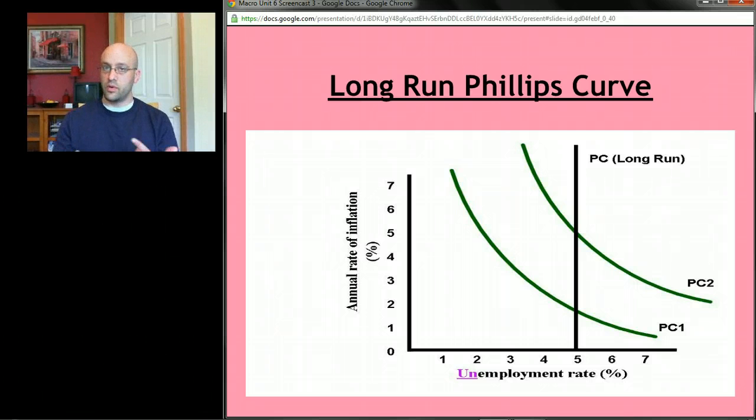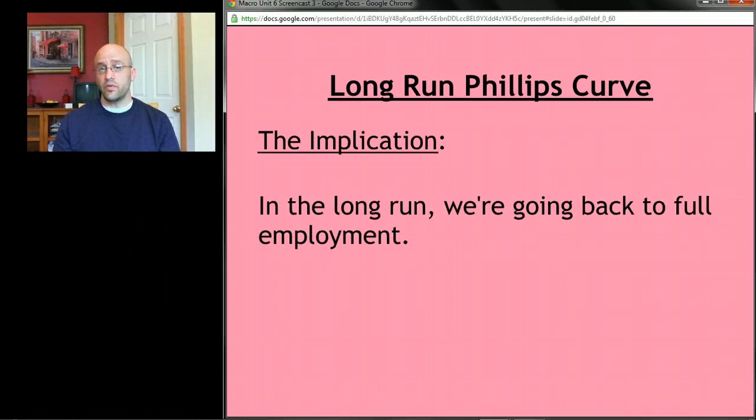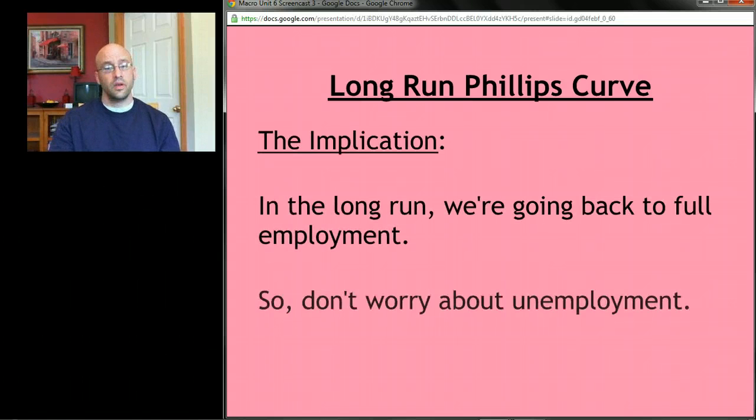And if you think that through even further, you could start thinking about some of the implications that economists think about. The implication is that if in the long run we're going back to full employment, we don't really need to worry about unemployment in the long run. This is kind of a weird conclusion to make about this whole thing. This whole semester we've been worried about unemployment.